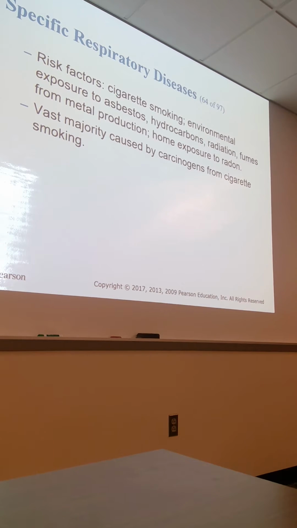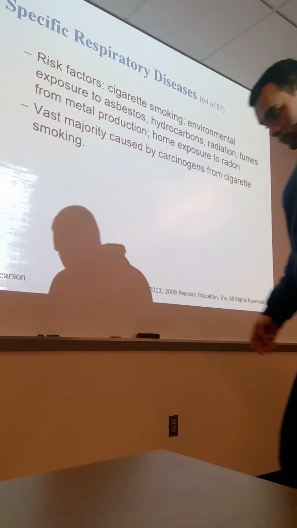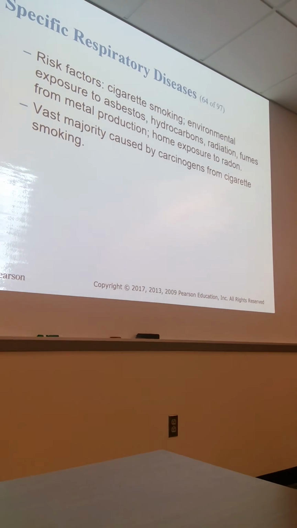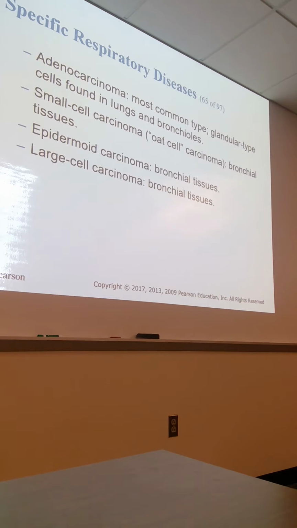They had a high exposure to asbestos for some reason. And it causes a specific disease called mesothelioma, which is a lung tumor that is debilitating. Radon from your home, fumes from metal production, but the vast majority is cigarette smoke induced.